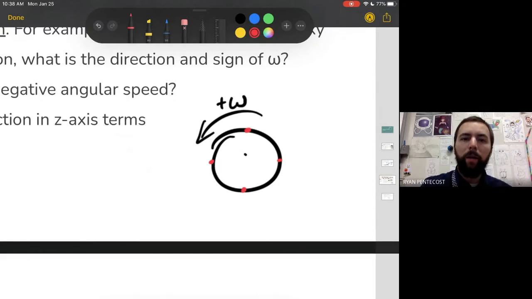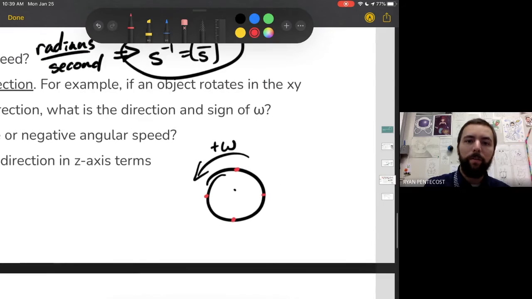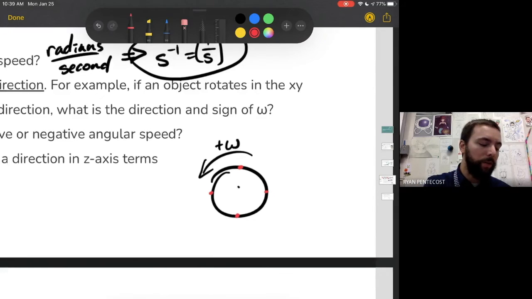But that omega is going to constantly be spinning, and you can't say that's positive x or positive y or negative x or negative y, because at any given point, you could choose one point and say that's positive x rotation, but you could choose another point and say that's negative x rotation on that rotating disk. So what we use for direction is the z-axis. So if it is rotating in a positive omega direction, the direction is up. If you're in the xy plane, you have an up rotation or an up direction.